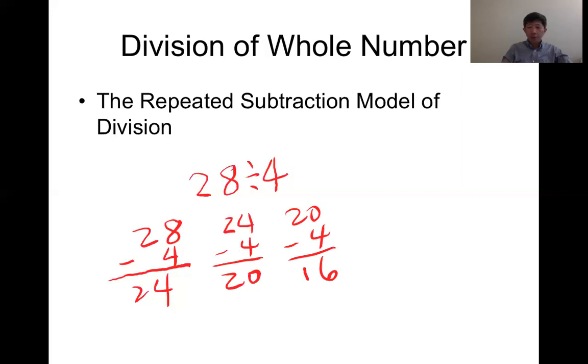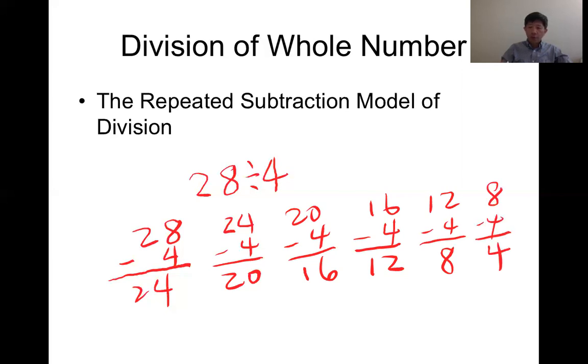Then we continue repeated subtraction until we get to 0, and then see how many groups we have. We get down to 8. Now 8 minus 4, we got 4, right? So 4 minus 4, we got 0.